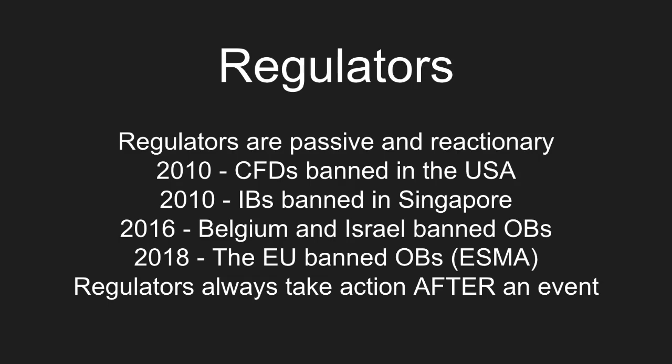That happened because of the subprime crisis, right? Subprime took place in 2008, 2009. And after that, what the government noticed is that people lost a lot of money trading CFDs.